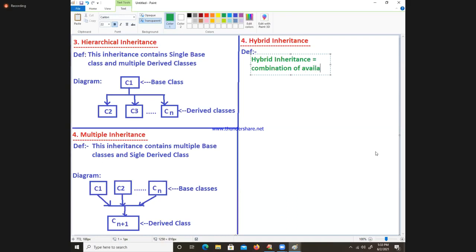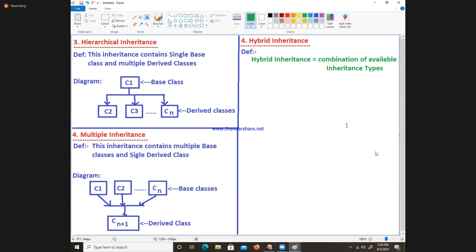Dear students, please don't get confused. Combination of available inheritance types is called what? Hybrid inheritance.